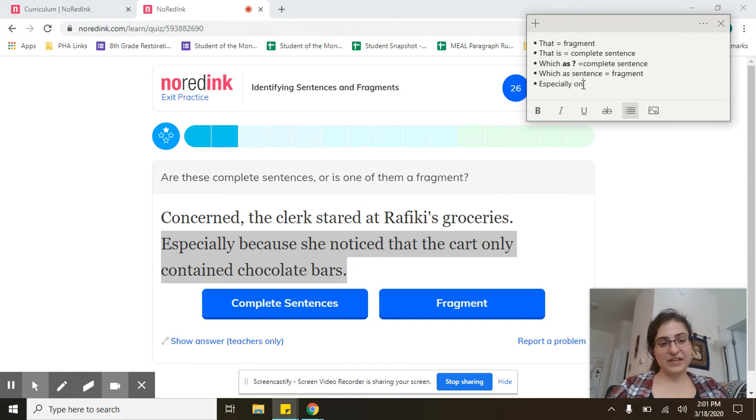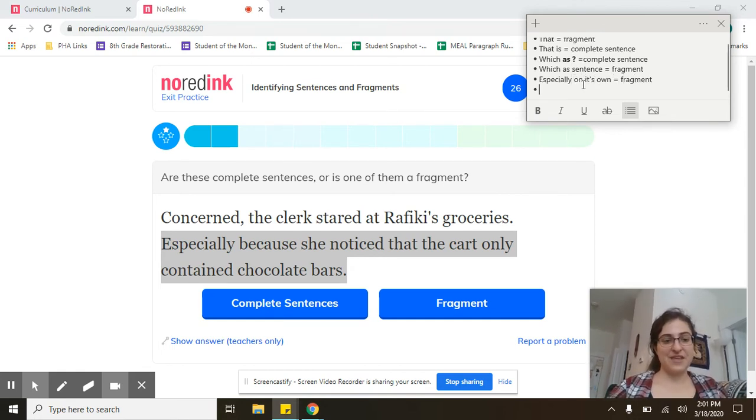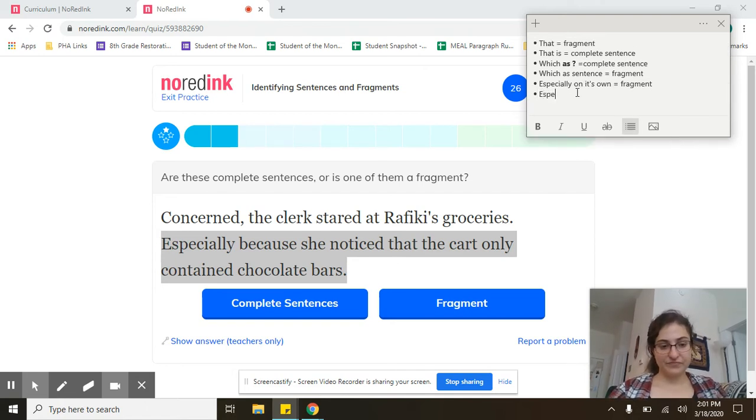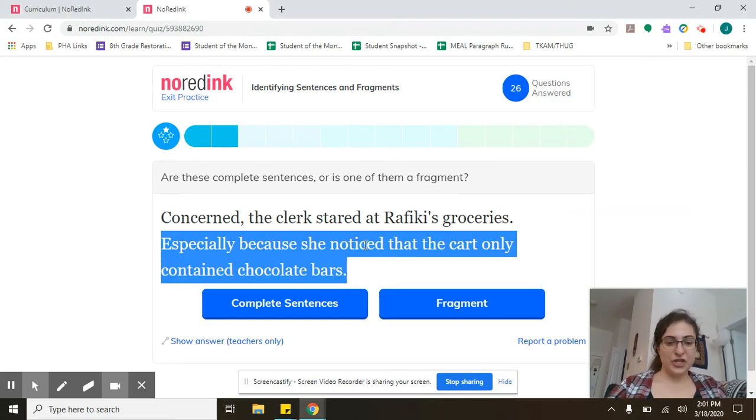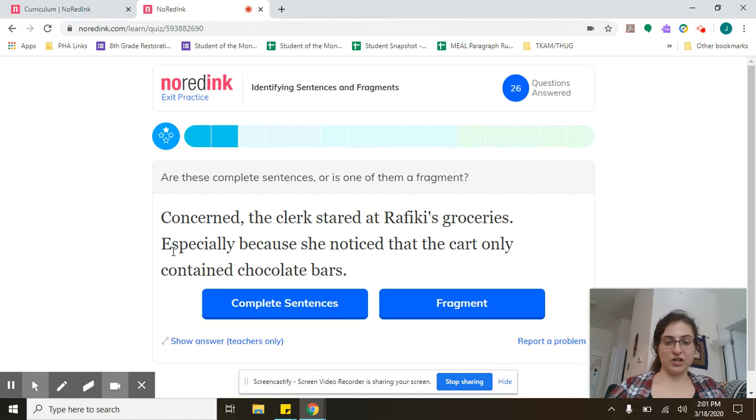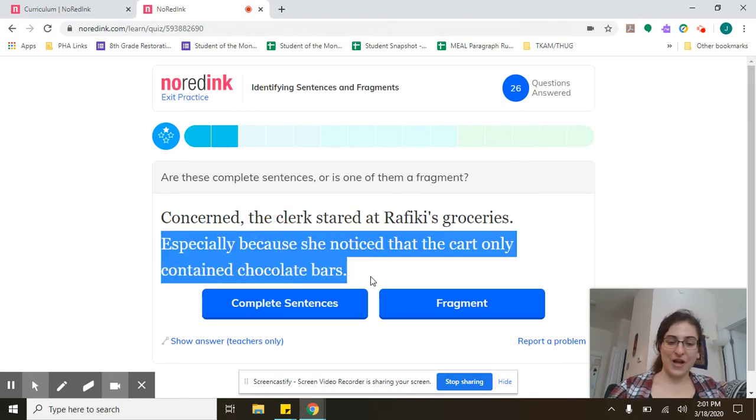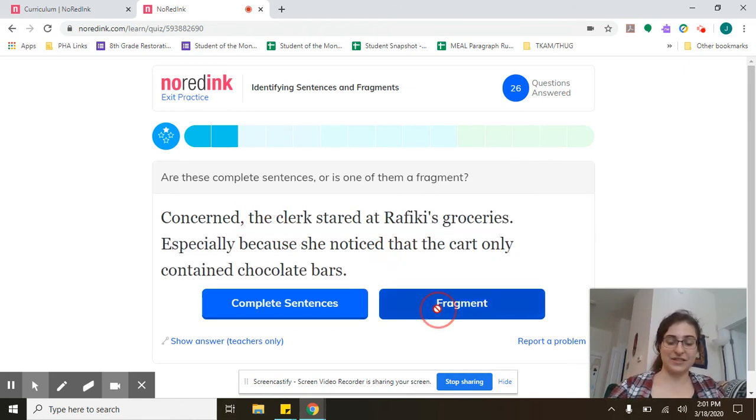If "especially" is on its own, then it's a fragment. If "especially" is linked to another idea, then it becomes a complete sentence. So with "especially because she noticed that the cart only contained chocolate bars," we've only really got one thought in there. So I'm going to say that that one is a fragment.